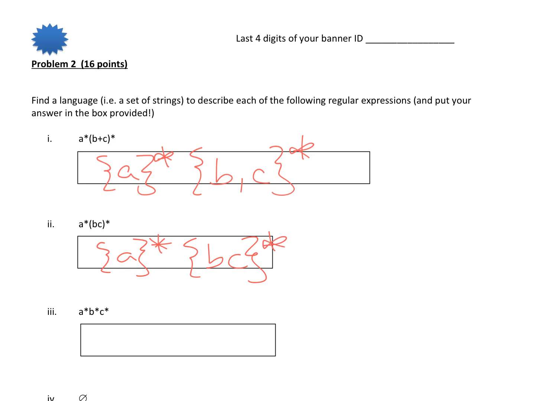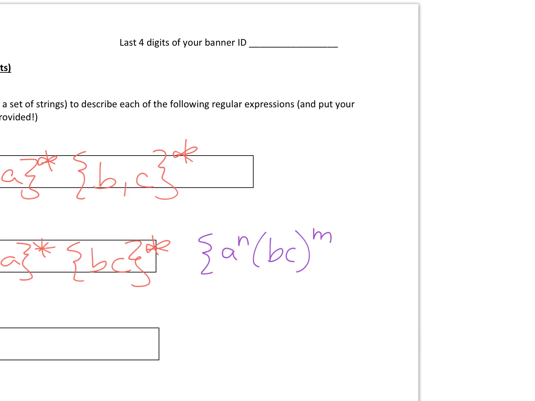Right, another way that some people chose to do this one, which is perfectly valid, is to say it's the set of all strings that start with 0 or more A's and are followed by 0 or more BC's. And of course the number of A's and BC's doesn't have to match, so we say such that N and M are in the natural numbers, right?